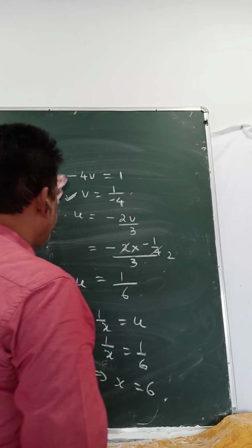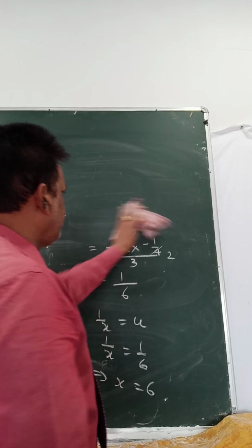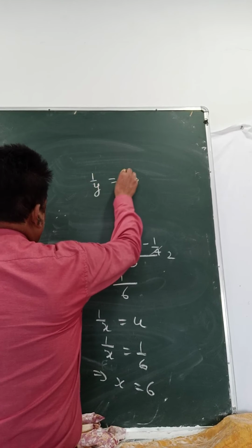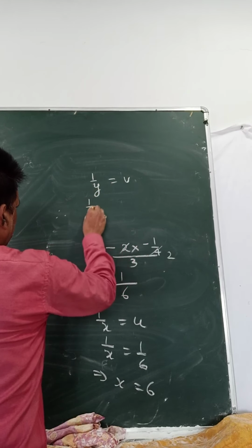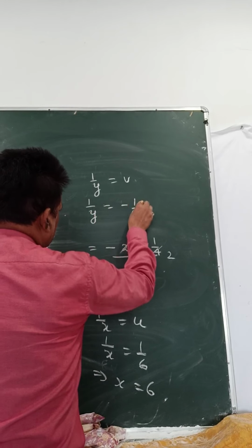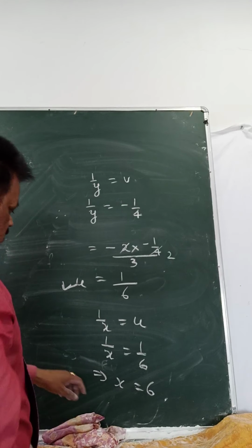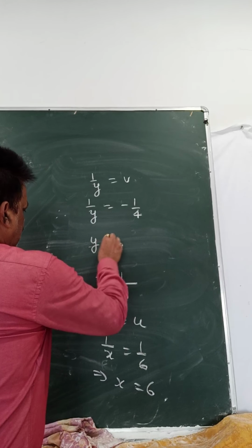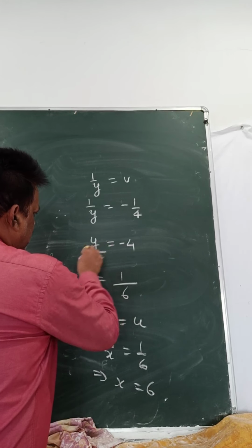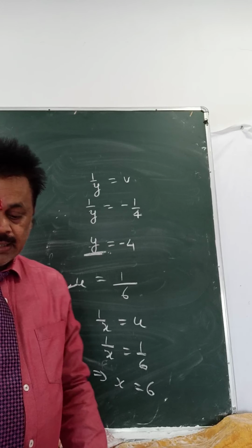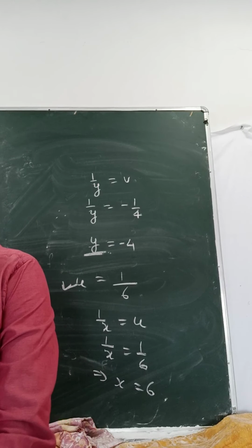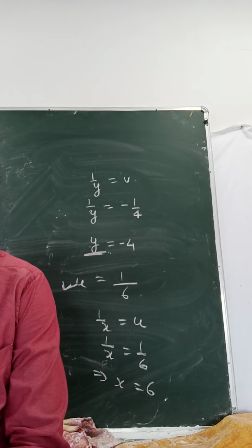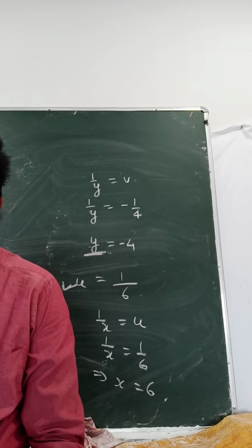Then 1 by y equals v. 1 by y equals minus 1 by 4. So taking the reciprocal, y equals minus 4. So this is the way you have to solve. Try to solve some more questions. I'll take some word problems based on this. That will clear your concept of how to use it.